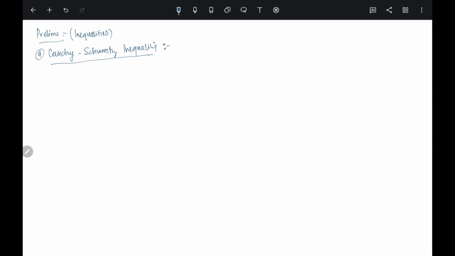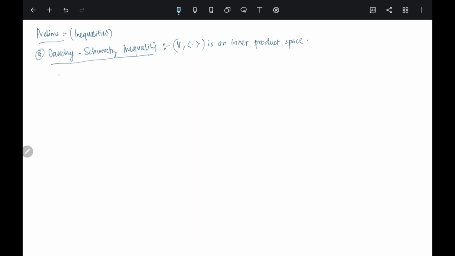So what is this? Essentially, let's say you have an inner product space V with this function as an inner product. Clear? Now in this inner product space, let's say you have two vectors.